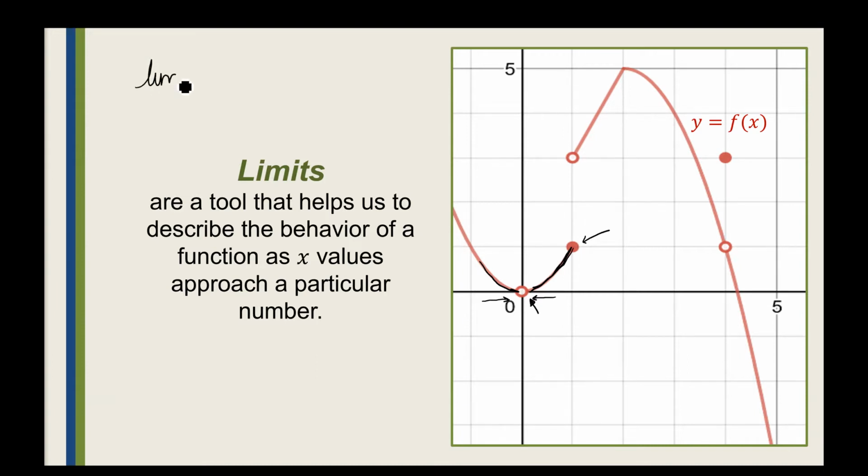We would say the limit as x approaches 0 of f of x is equal to 0. And this just means as x gets really close to 0, the function gets really close to 0. So it gives us a way to talk about the behavior of our function near 0, even though we can't talk about f of 0 for this particular example.